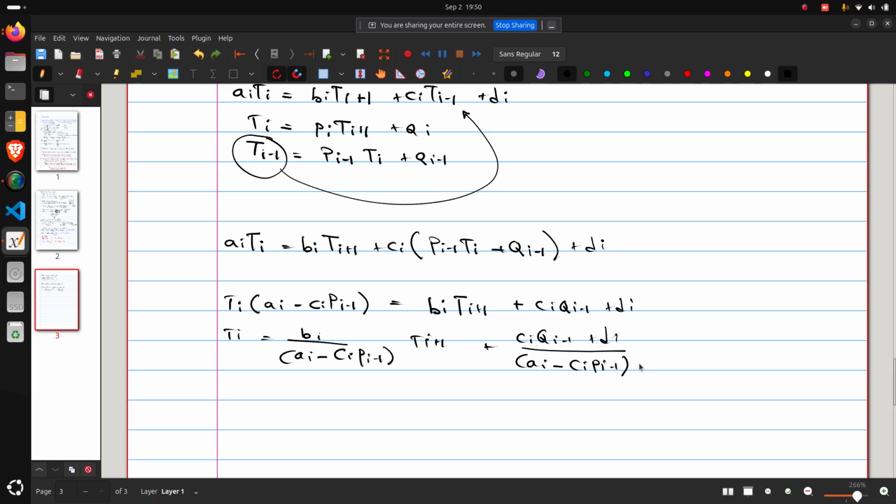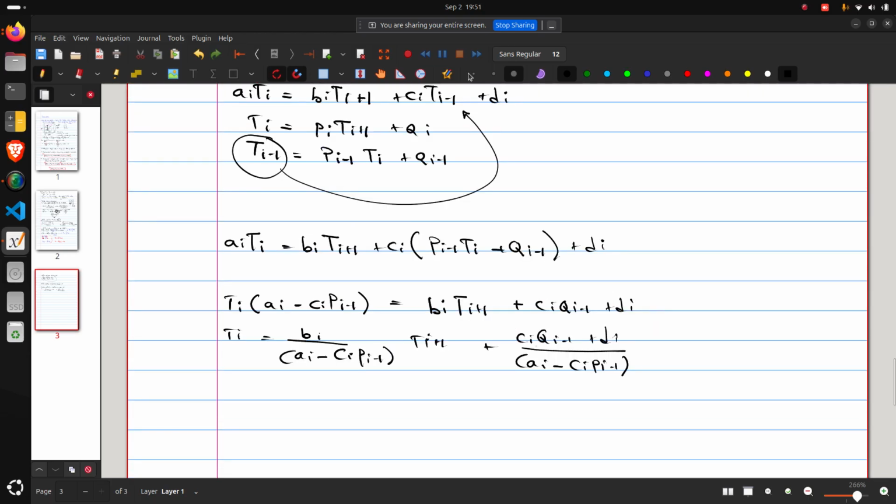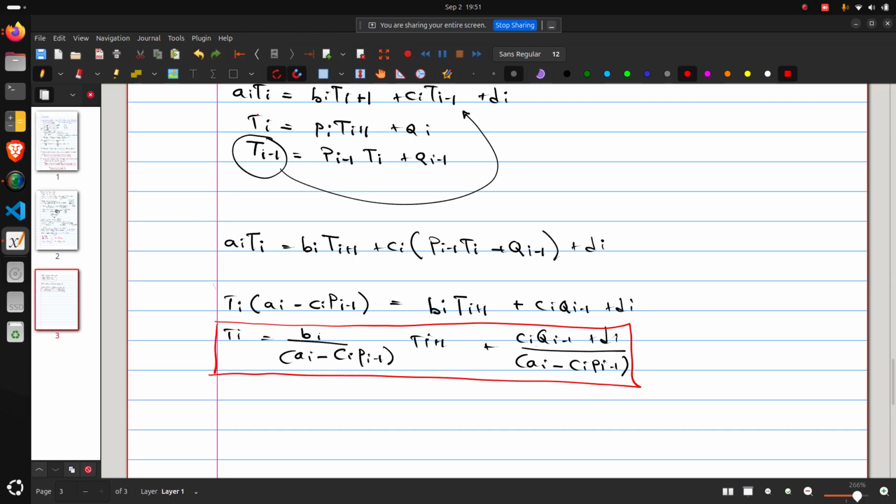Alright. So now if you see, we have this form, and if we compare it with this equation, we will get our Pi and Qi, right?